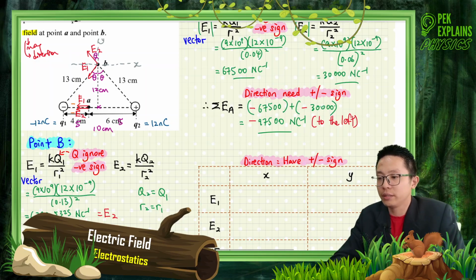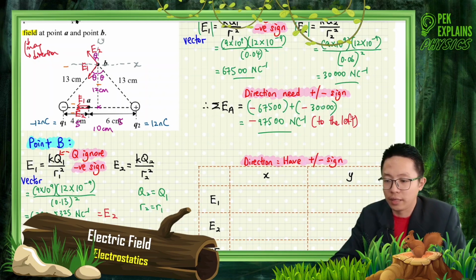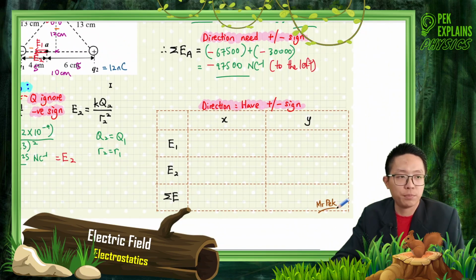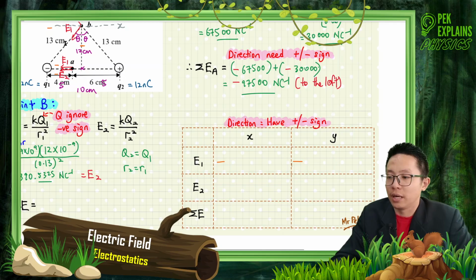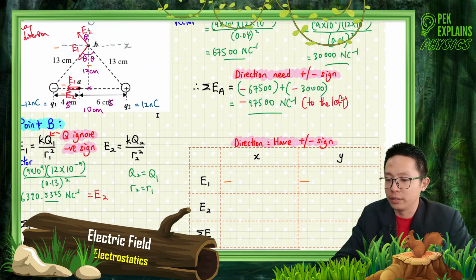To the left is negative, downward is also negative. So first of all, we write the direction here: E1 is to the left and downward, so negative x, negative y. Let us put the negative sign first.